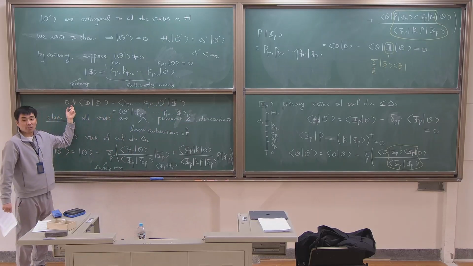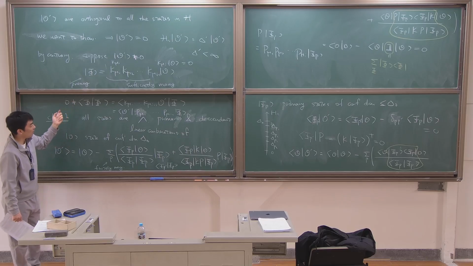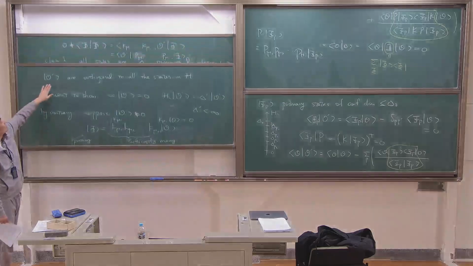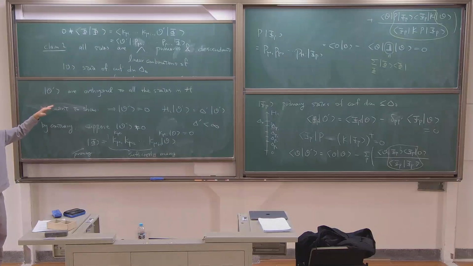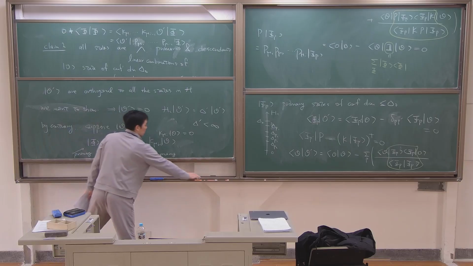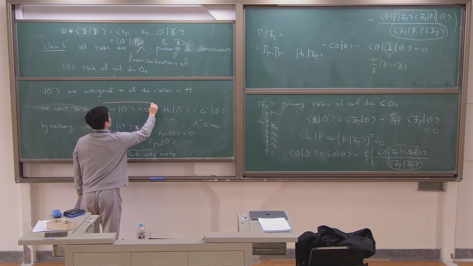It's not equal to 0. Therefore that contradicts the assumption that O prime is orthogonal to all states in H. So it's a contradiction, and therefore it has to be this one.